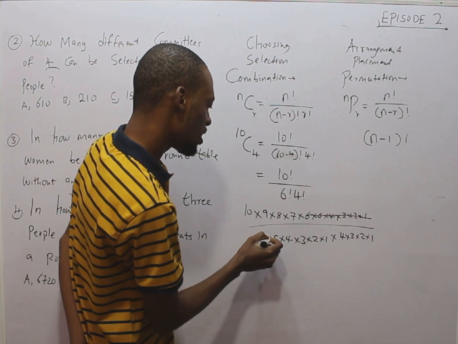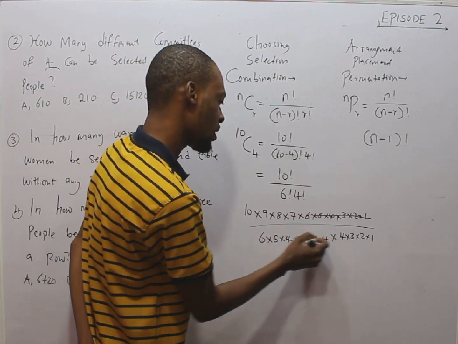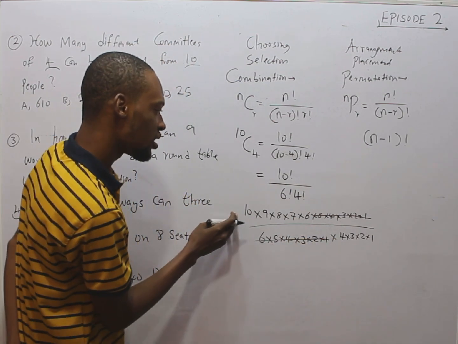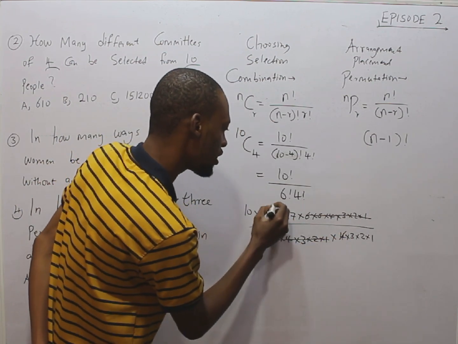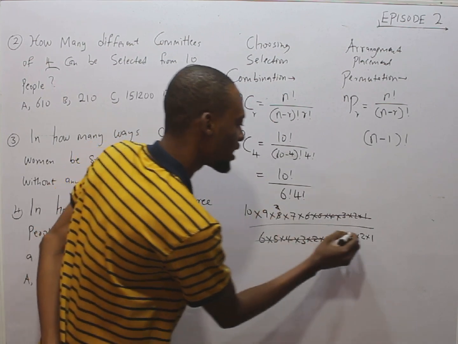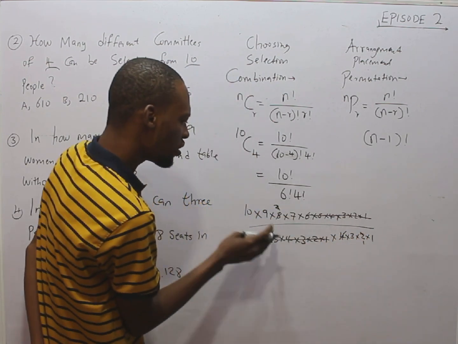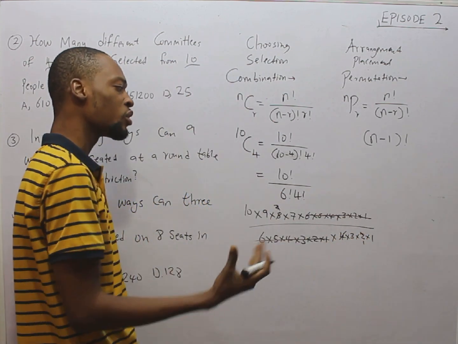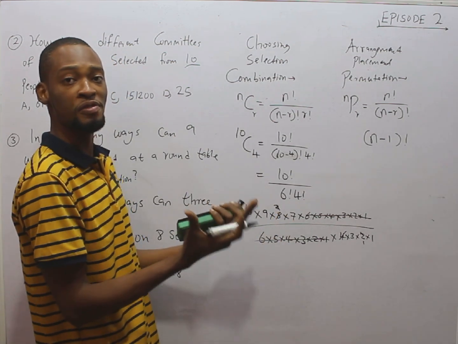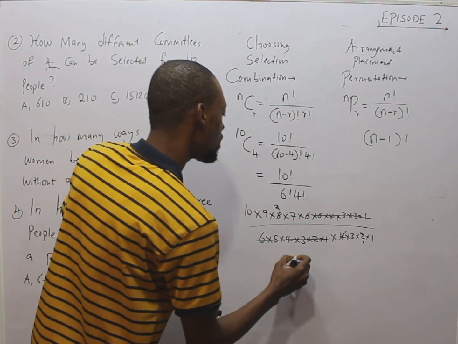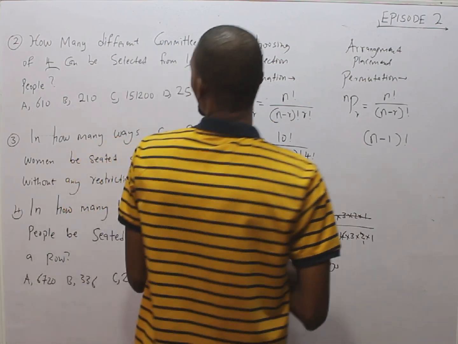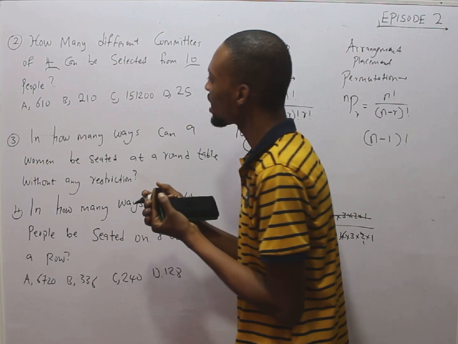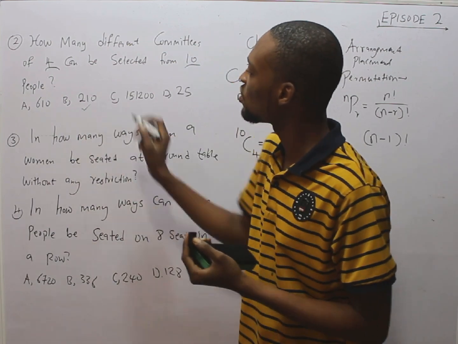You can simply cancel the common factors. You can try to break them down or multiply directly, whichever is better for you. Anyhow you do it, you should get 210 ways. So a committee of 4 can be selected from 10 people in 210 ways.